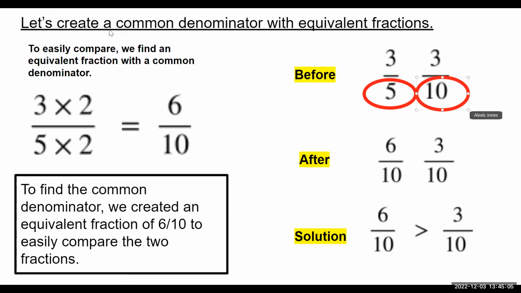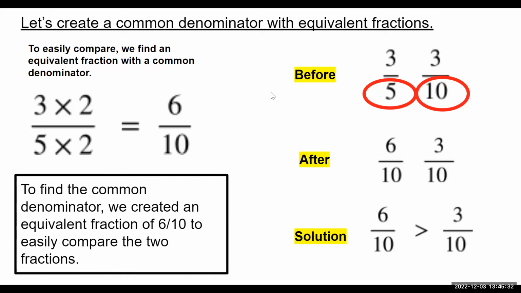So the best way to compare the two fractions is to first make sure that the denominators are the same. So we create a common denominator, and we can use equivalent fractions to help us do that. Looking at the denominators 5 and 10, a lot of our scholars might be able to recognize the relationship and identify a common denominator automatically.